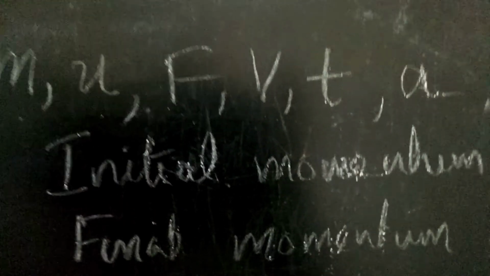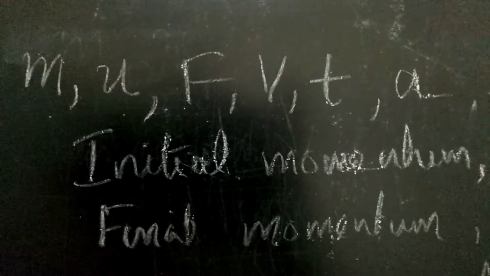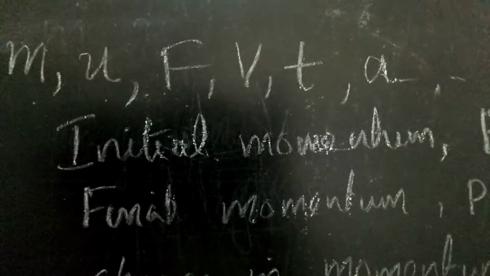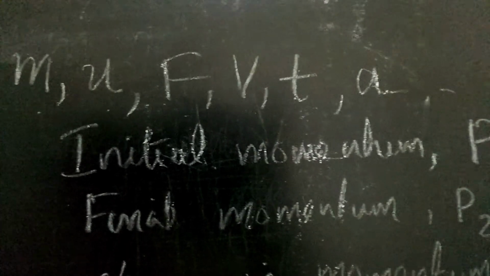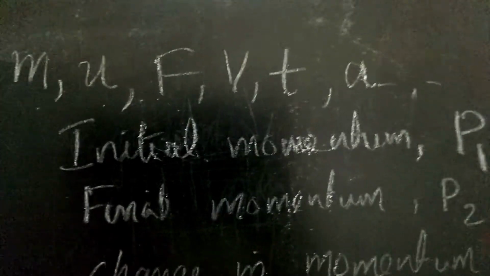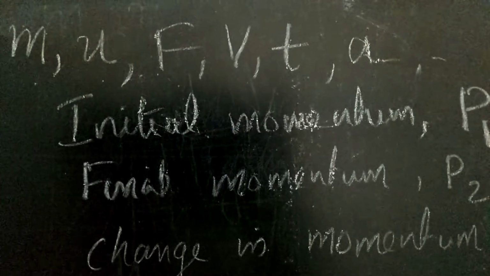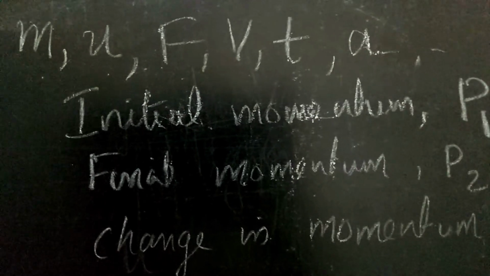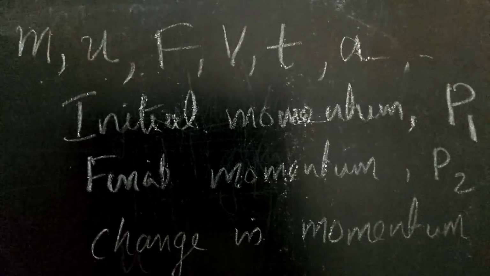First you have to consider an object having mass m moving with an initial velocity u, and a constant force F is applied for a time t so that its velocity changes to v. Here there is a velocity change, so there is an acceleration, and it is a uniform acceleration.